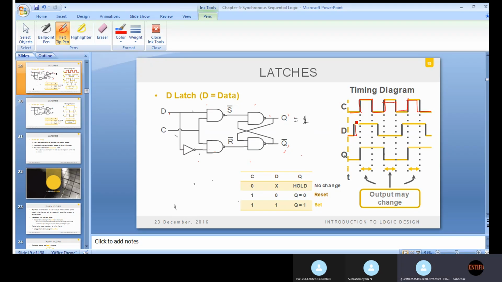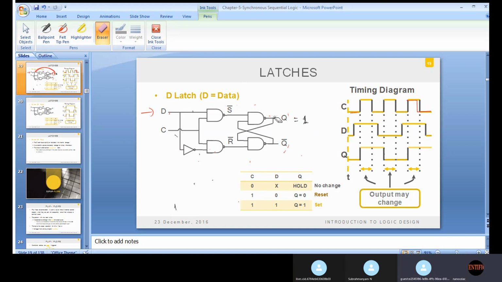So this is data. Okay. Data. ఇప్పుడు చూడండి, what you can observe in the timing diagram when control is active, what is the output that you are getting, that should be equal to your data. Okay, so always your output should be data.